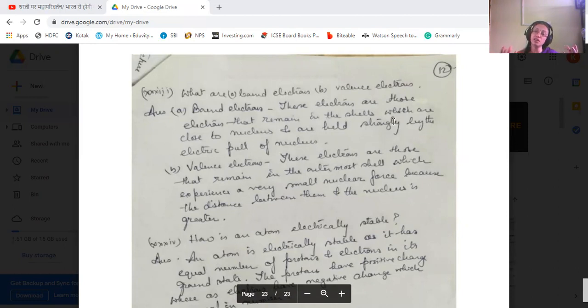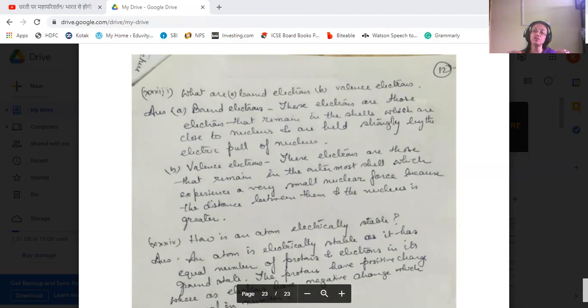The nucleus has a strong electrical force by which the electrons are held strongly towards itself. The closer the electrons are to the nucleus, the more this electric force increases. So those electrons in the shells closer to the nucleus will be known as bound electrons.